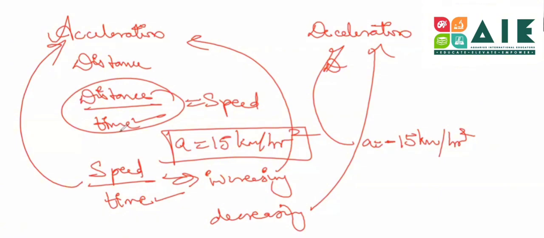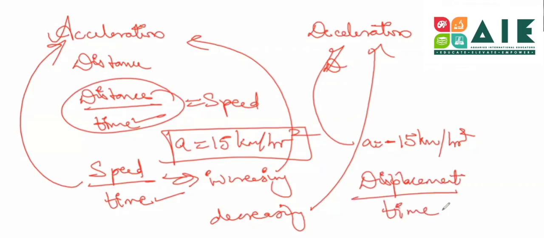Now, again, distance over time. As I had told you, when distance and displacement are both the same, that means I am traveling a straight track only, then my distance and displacement will be the same for a given track. So displacement over time is also my acceleration, right? Am I making sense? Distance and displacement can be the same, or they could be different.